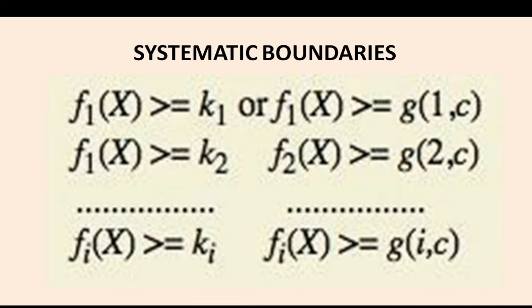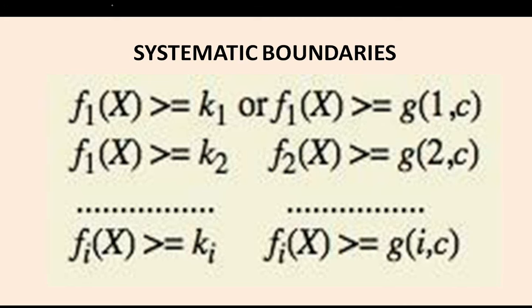Next we see the systematic boundaries. What are systematic boundaries? Normally we have f1 of x greater than or equal to k1, f1 of x greater than or equal to k2, or f1 of x greater than or equal to g of 1 comma c, f2 of x greater than or equal to g of 2 comma c.